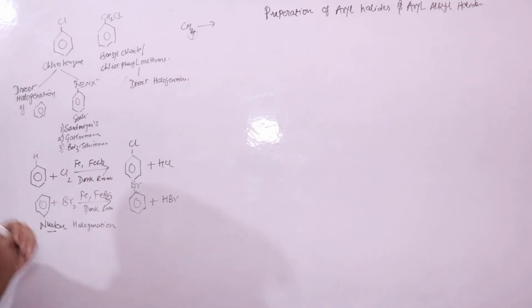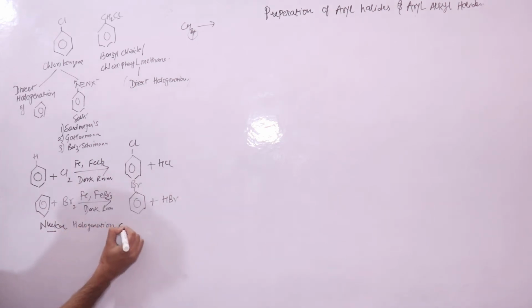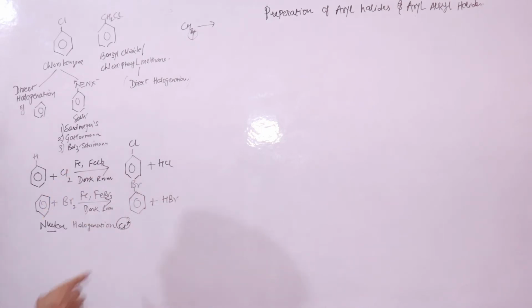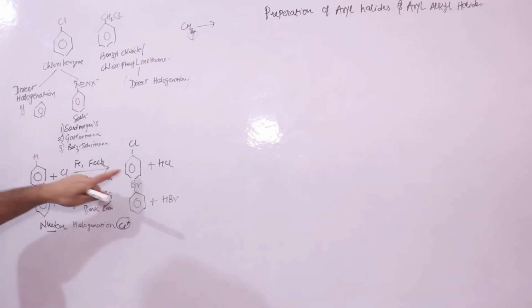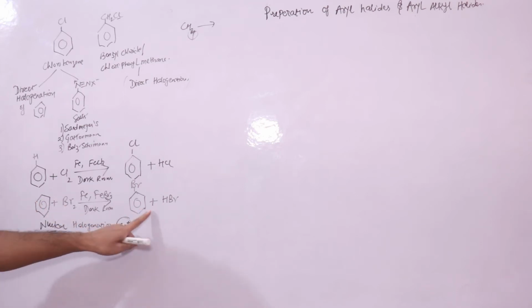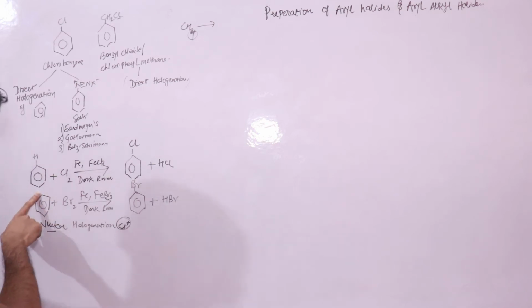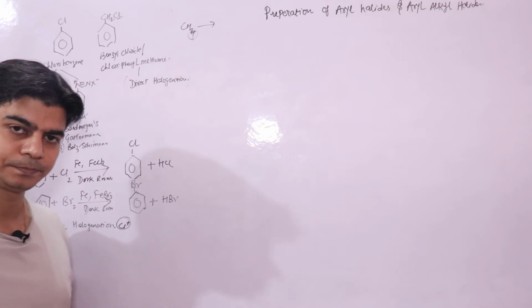This is your electrophilic substitution reaction. We'll see how chloronium is generated here. Chloronium will replace the hydrogen atom of the benzene nucleus to form chlorobenzene. Same with bromobenzene, where bromonium will replace the hydrogen atom directly attached to the benzene nucleus to form bromobenzene.